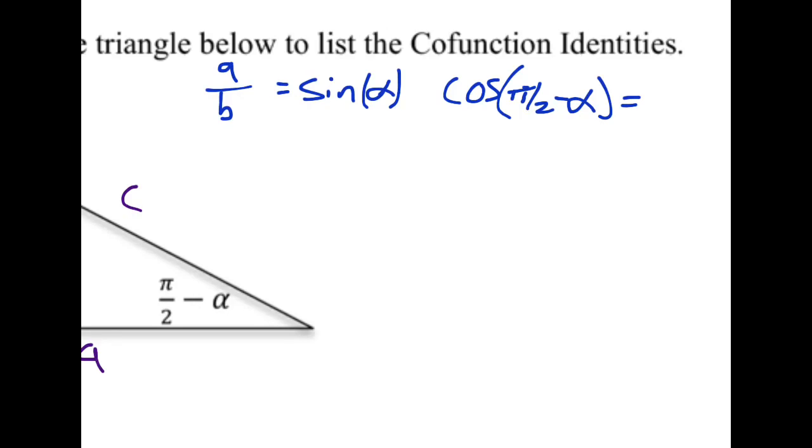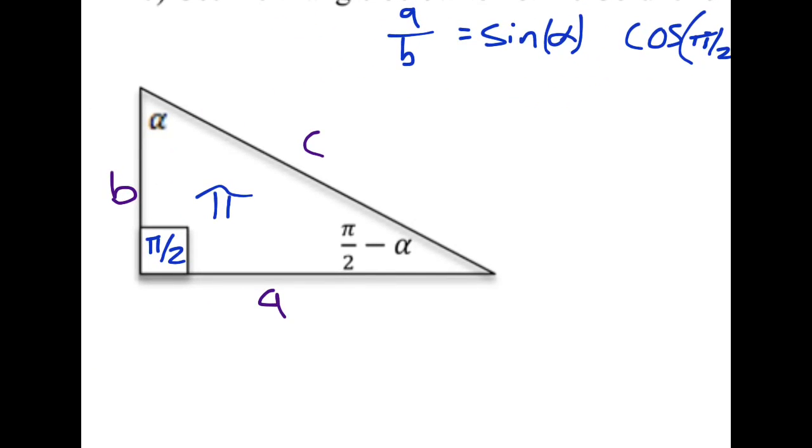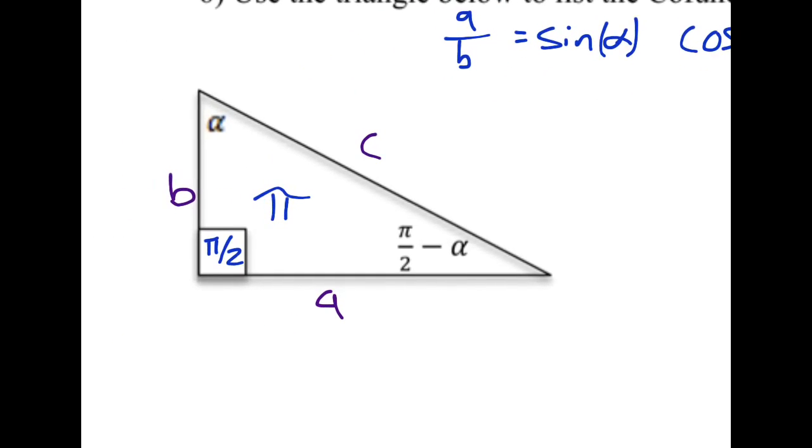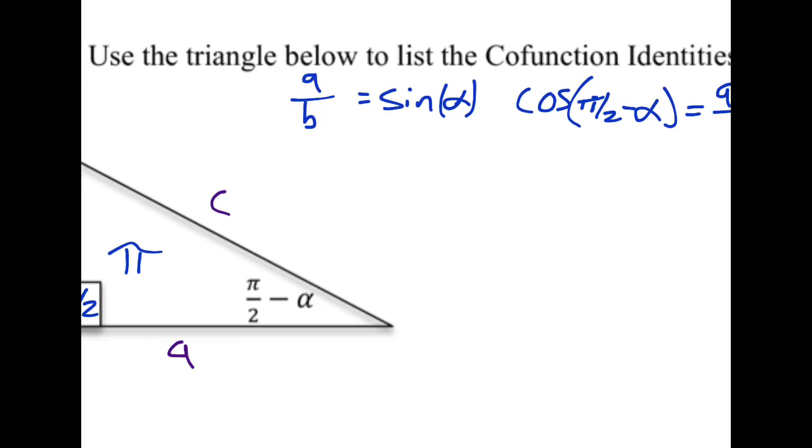And again, pi over 2 minus alpha, all that's saying is the other angle in this right triangle. Well, the cosine of this angle is going to be adjacent, which is A, over hypotenuse, which is C.